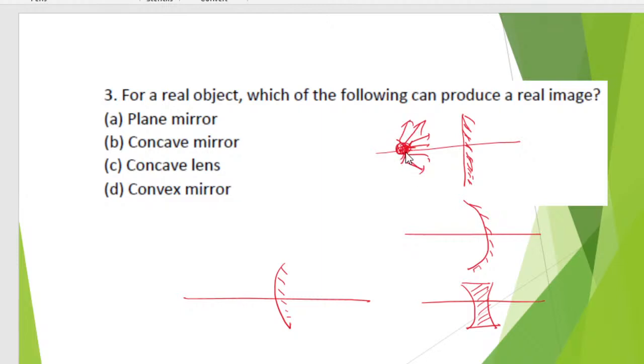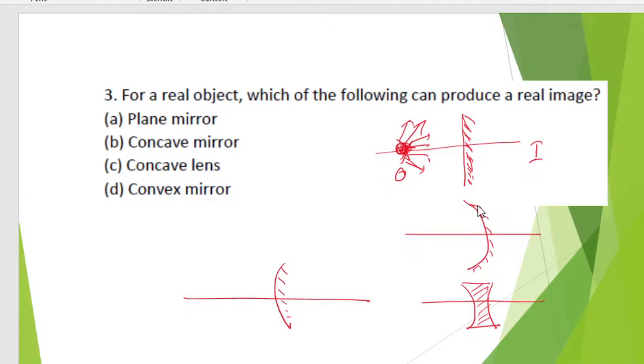If it is an ordinary object, say this pen or marker, that is also a real object, though it is not giving out light itself, but it takes light from somebody else and gives it out. Those objects from which we can assume that light is coming are virtual objects, which will be discussed later. So when the object is real, the image is always virtual in case of a plane mirror.